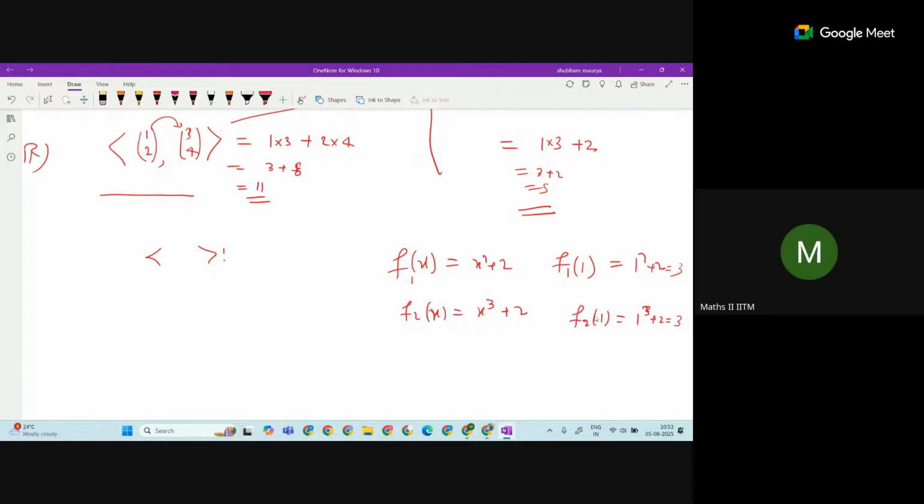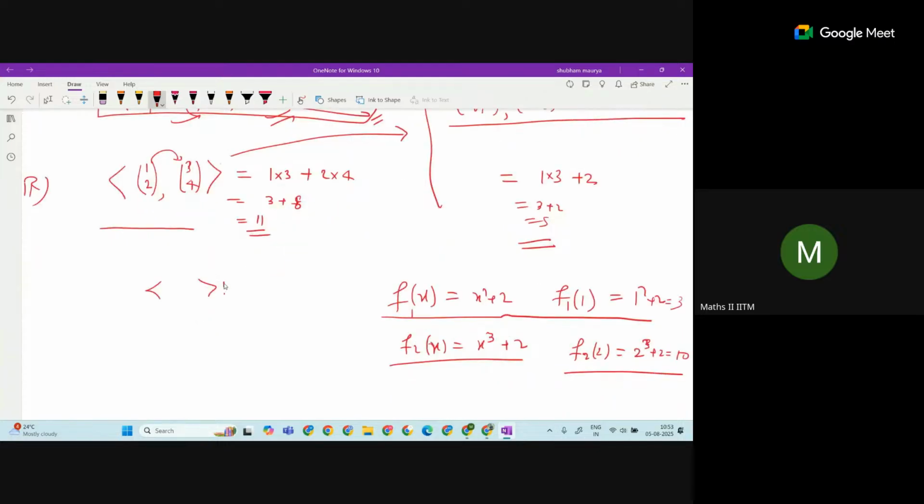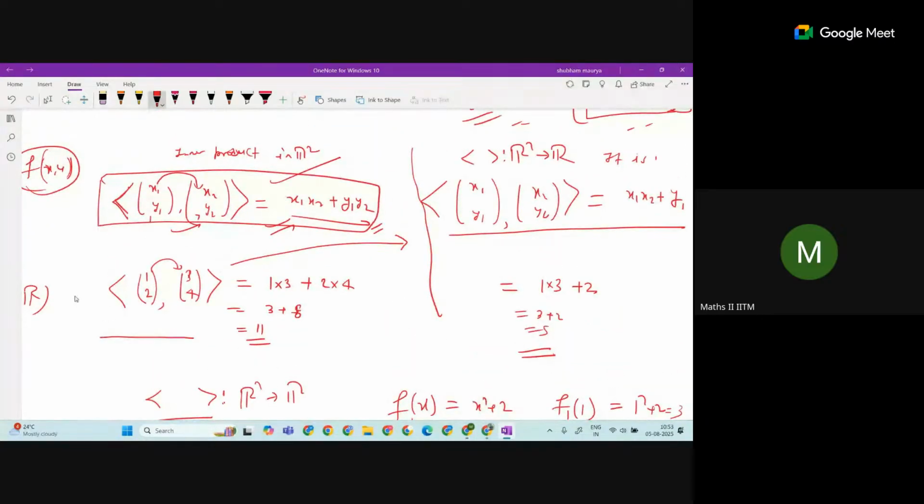But let's say I ask for the value at 2. It is going to be 2 cube plus 2, which is 10. So I gave the definition of the function, and according to that, I found the value. Similarly, I can define this notation, which is from R2 to R. I give this definition, and according to that I find the value.